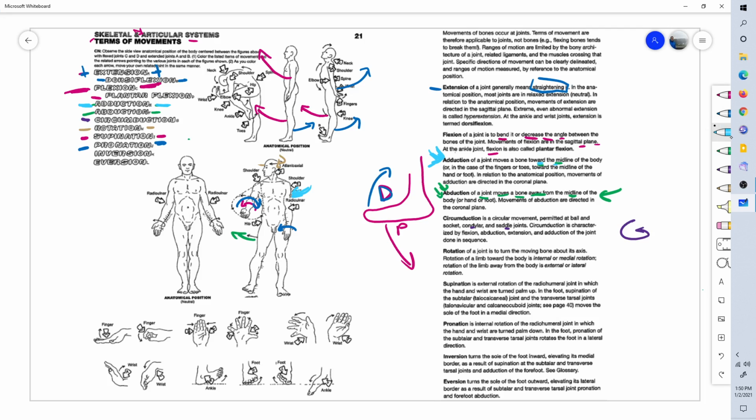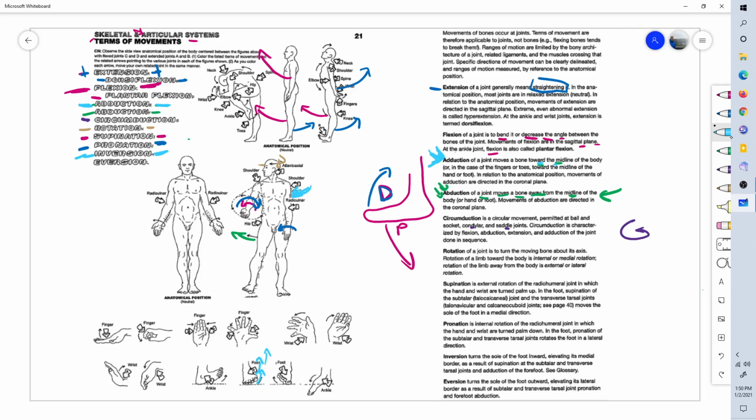So anytime you invert your foot, it looks like this, where your big toe comes up and in and off the ground. If you were to sort of walk on the outside of your foot and lift the inside of your foot up, that would be called inversion.